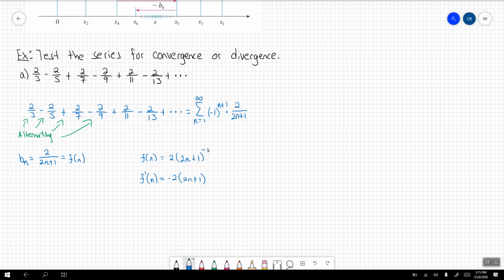Rewrite the function, subtract 1 from the exponent, multiply by the chain rule, and that's going to be 2, which means my derivative here, sorry, I said partial derivative, I meant derivative, is going to be negative 4 divided by 2n plus 1 squared. There we are. All right, looks pretty good.